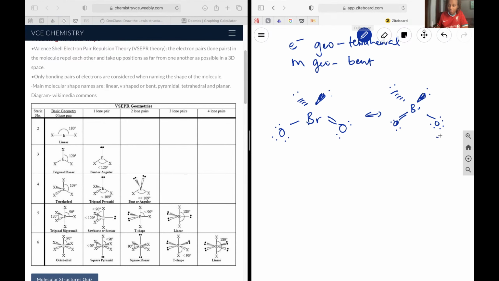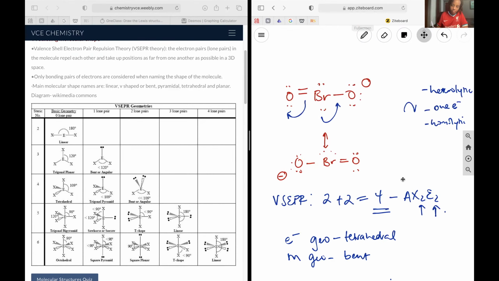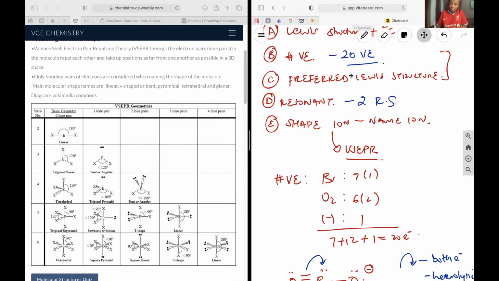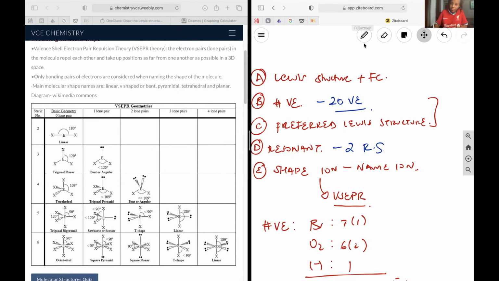Okay, and don't forget your minus charge. So those will be my 2 structures, right? Just one moment. Okay, so now that I have that, I'm going to scroll right back up. So the shape of the ion is going to be bent.